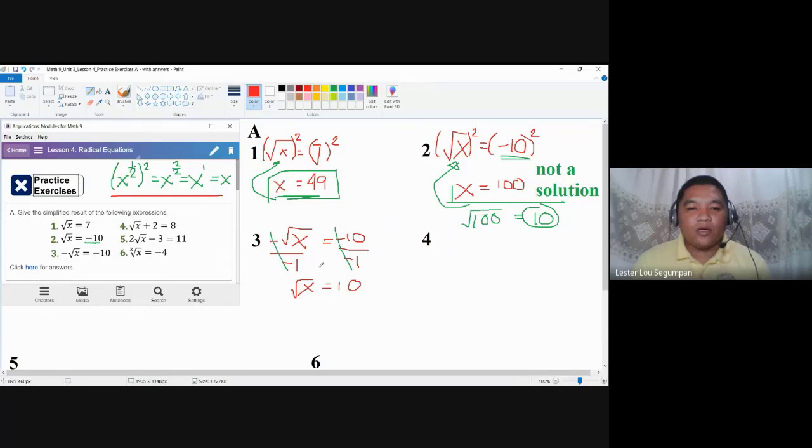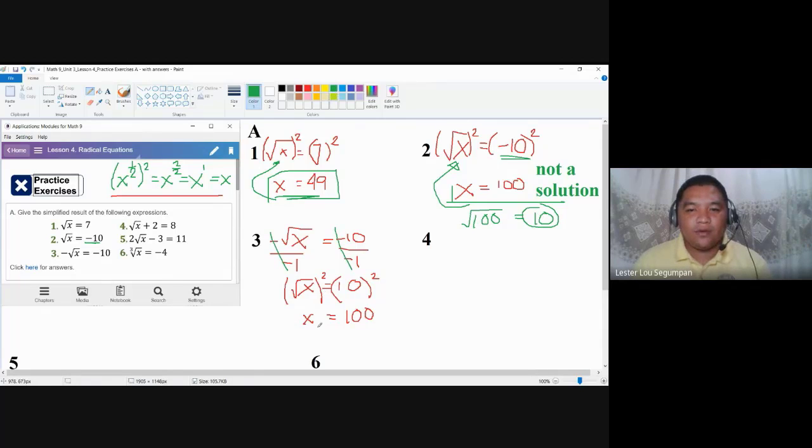Since there are no more items surrounding the radical expression on the left-hand side, we can now proceed to squaring both sides. So again, this is x, and the square of 10 is 100.